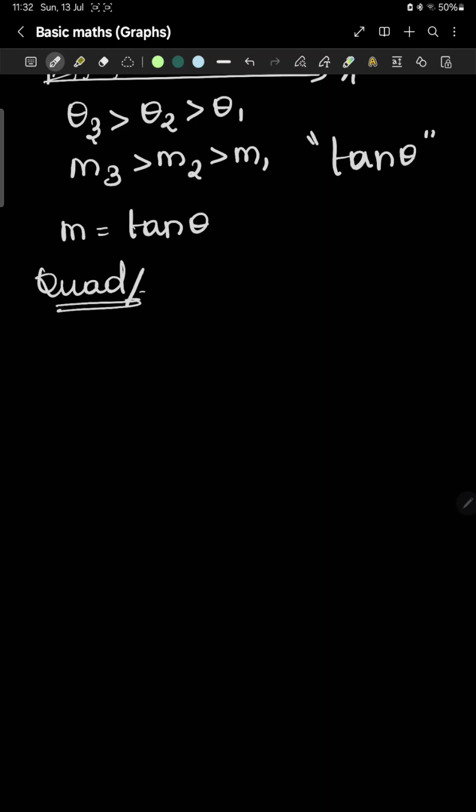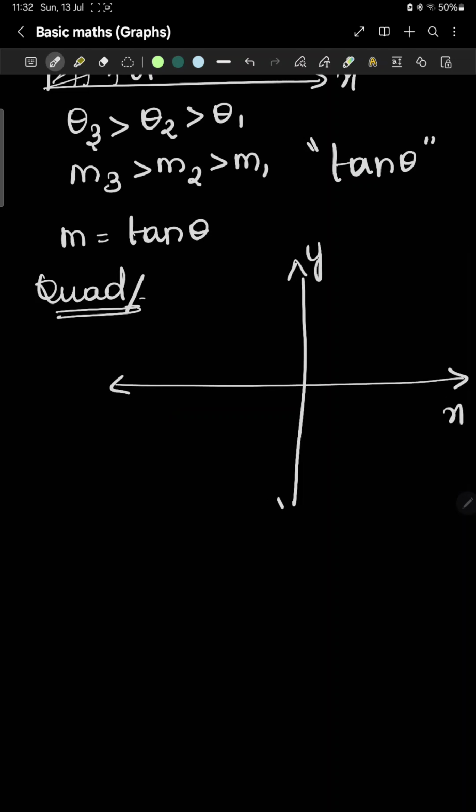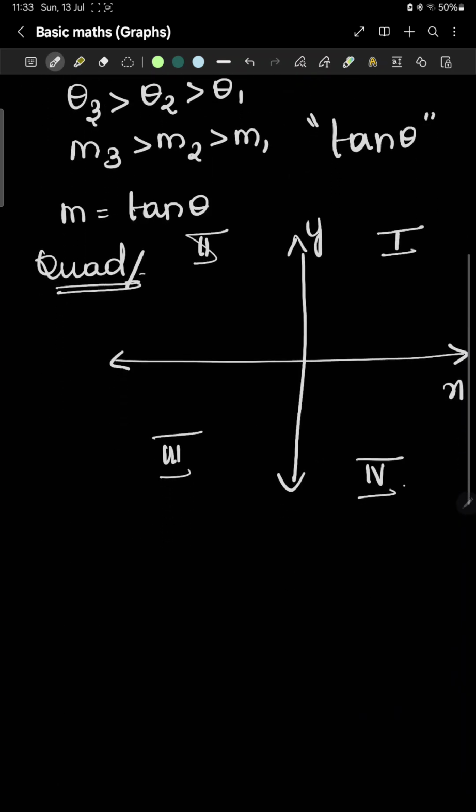In that, let us consider the four quadrants, x-axis and y-axis. So the quadrant here is 1, 2, and here it is 3, and here it is 4. In all the way, the angles here is considered as 0 degree, and it is 90 degree.